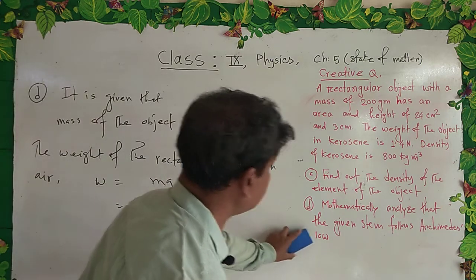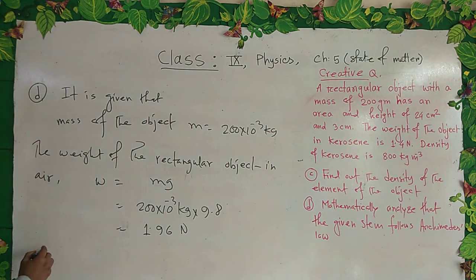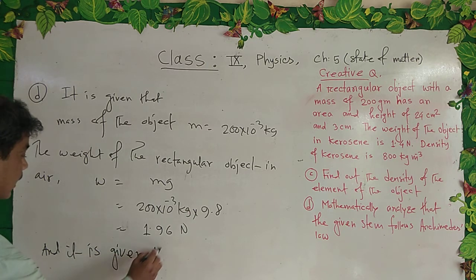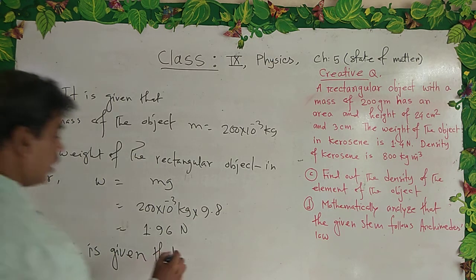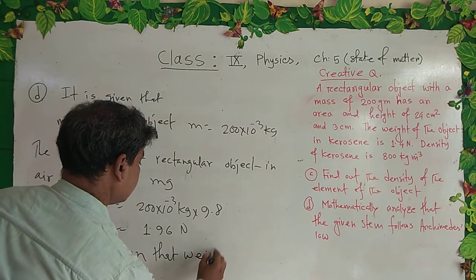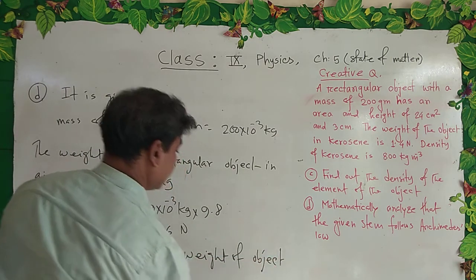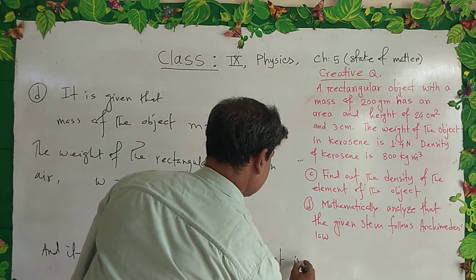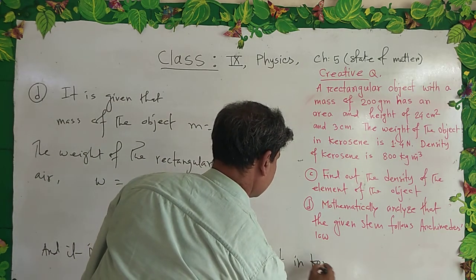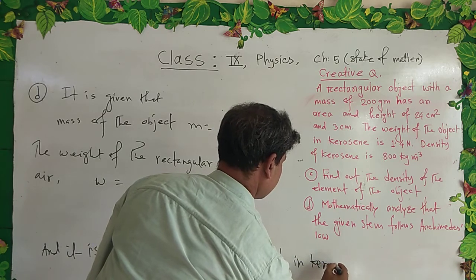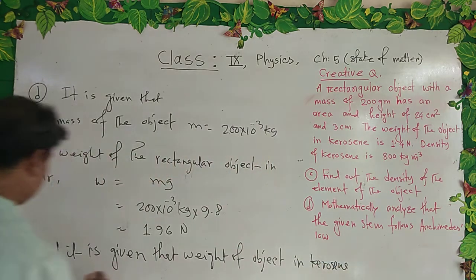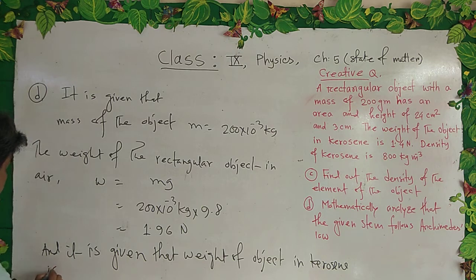We can write it on the board once again, and it is given that the weight of the object in kerosene is, what is given here?